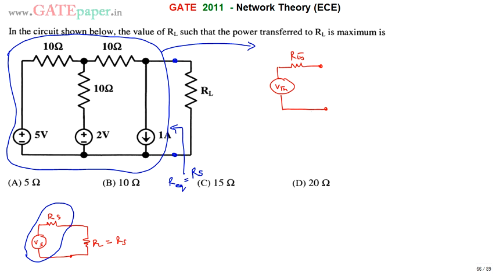So any complex network that is linear and bilateral can be converted into a single voltage source, which we call Thevenin's voltage, in series with Thevenin's resistance, or equivalent resistance, across those two terminals. After converting, you connect the load RL. When RL is equal to RTH, then maximum power is transferred.